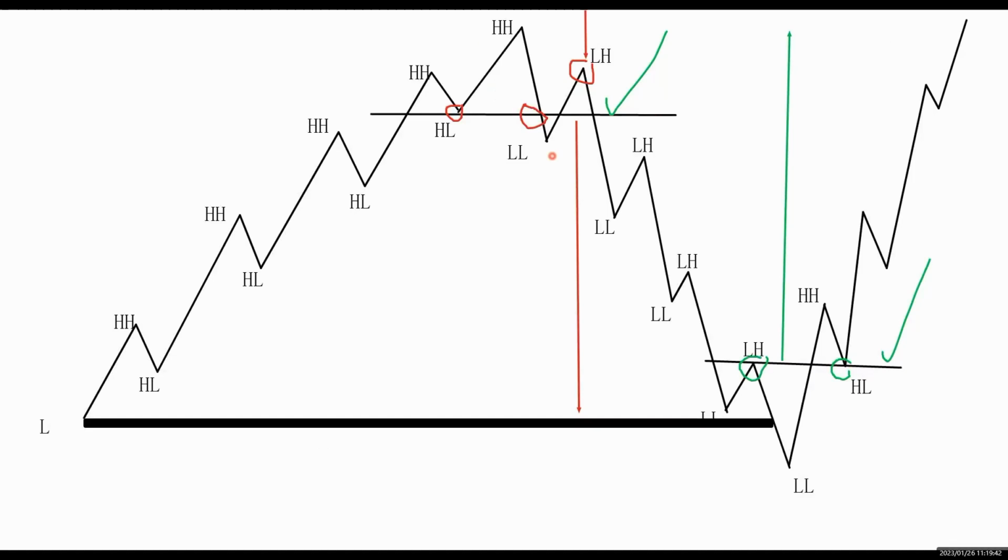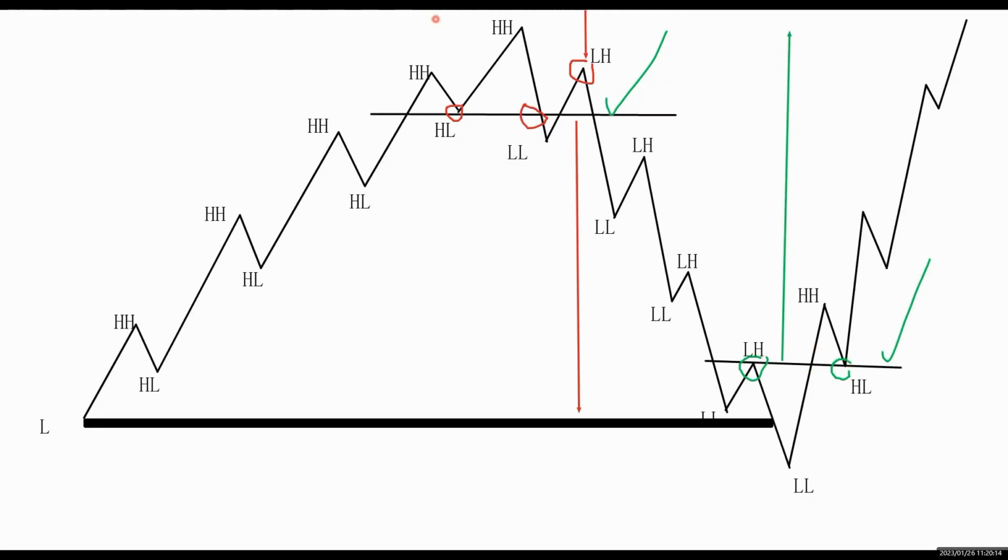This concept tells you that the moment the higher low gets broken and forms a lower low, you wait for a retracement and you enter on the next lower high. The moment a lower high gets broken, in the case of a sell trade turning into a buy trade, or bearish structure changing into bullish structure, wait for the break of the lower highs, let the higher high form, then enter on the higher low. It's that simple and straightforward.